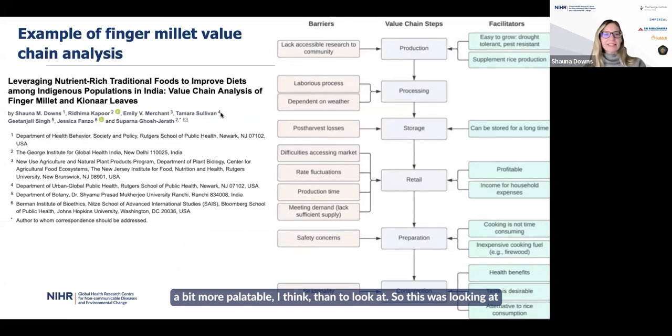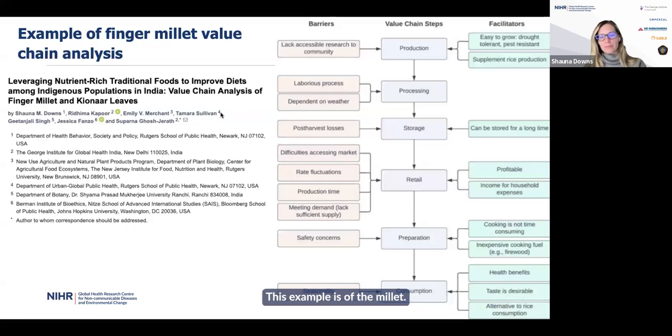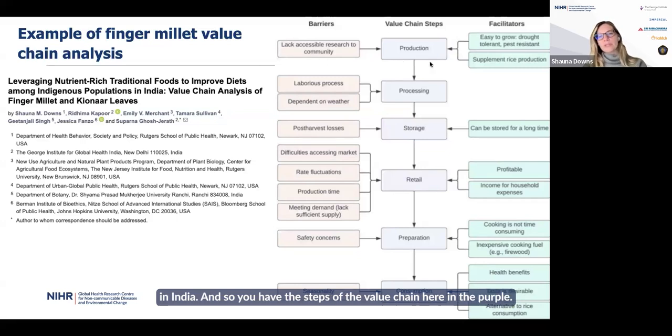This example is of the millet, but we looked at a leafy green and also finger millet in India. And so you have the steps of the value chain here in the purple. And then on the left-hand side, these are just the barriers, so the bottlenecks in the supply chain.